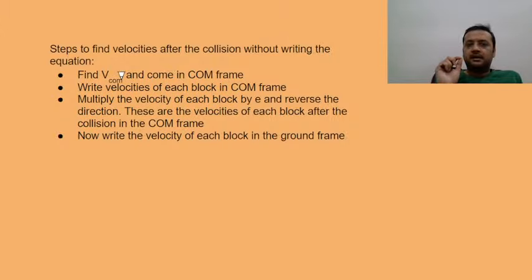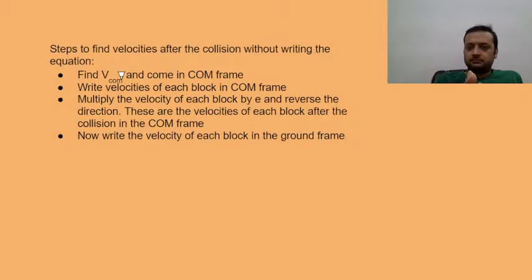Then you will understand. Then multiply the velocities of each block which you have written in the COM frame by the value of e and reverse the direction. Once you do that, you will have the velocities after the collision in the COM frame. Then write the velocity in the ground frame. So again, let's quickly reiterate what we have to do.